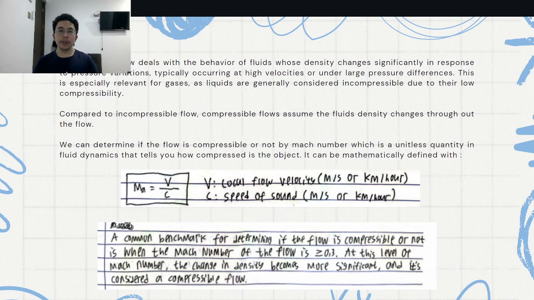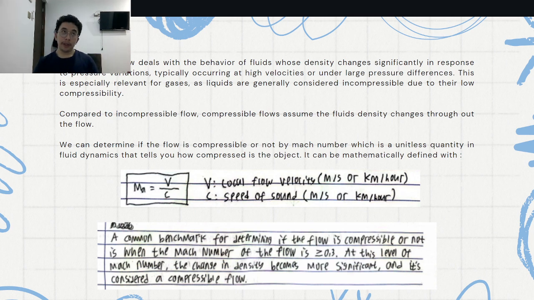So compressible flow deals with the behavior of fluids whose density changes significantly in response to pressure variations, typically occurring at high velocities or under large pressure differences. This is especially relevant for gases, as I told you before, as liquids are generally considered incompressible due to their low compressibility. If we compare this to incompressible flow, compressible flow assumes the fluid's density changes throughout the flow.